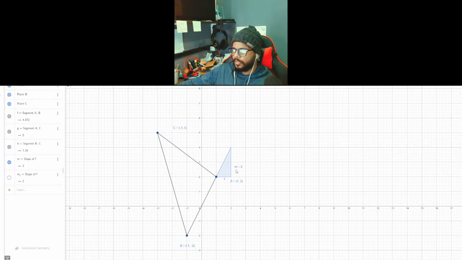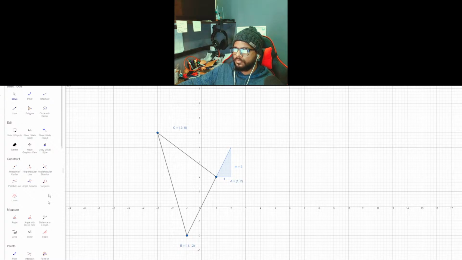Alright, so the gradient of AB is 2. The gradient of AC is negative 0.75, and to communicate that as a fraction it could be negative 3/4, but please verify it by using your formula.